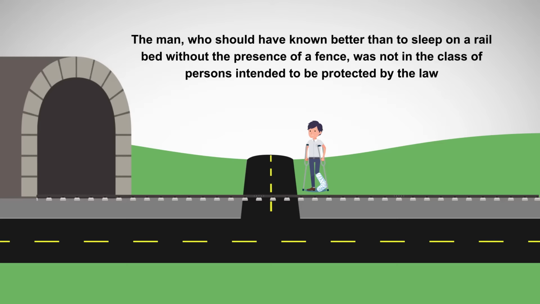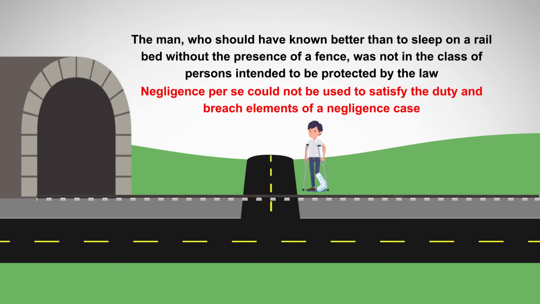The man, who should have known better than to sleep on a rail bed without the presence of a fence, was not in the class of persons intended to be protected by this law. Therefore, negligence per se could not be used to satisfy the duty and breach elements of this negligence case.